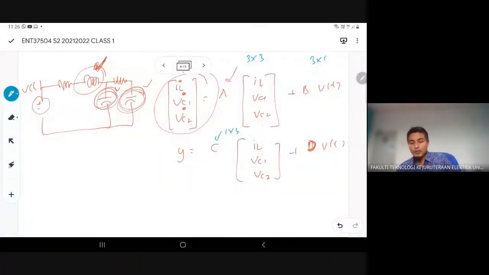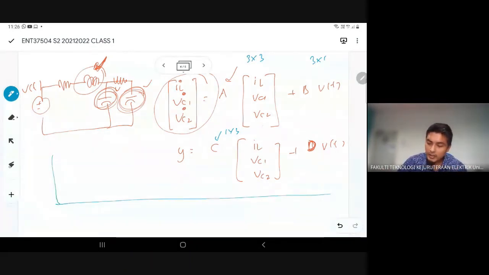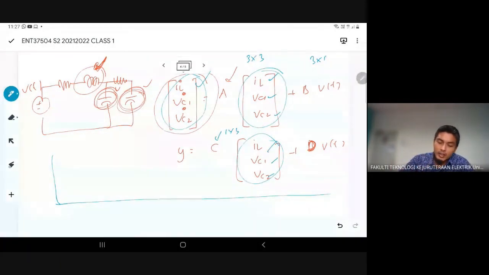So this is the main thing you must know before you start modeling. If you know what parameters you want to have here, I believe you can do the modeling easily, as long as you know what your target is.